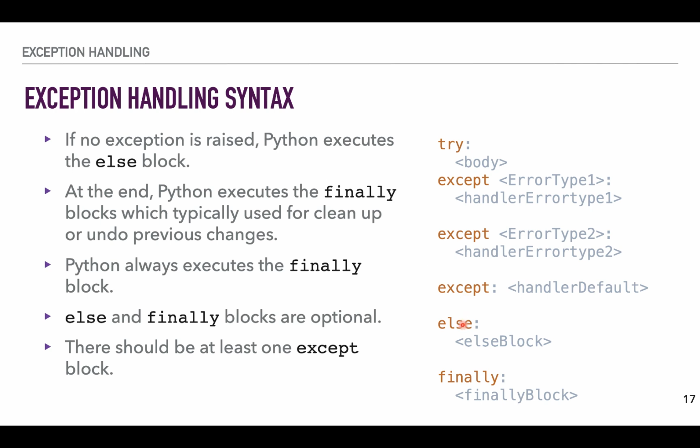The else block is an optional block that gets executed when everything is okay with your code. None of these exceptions take place. And there's another optional block called finally.